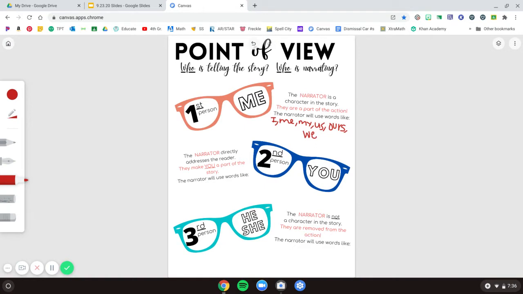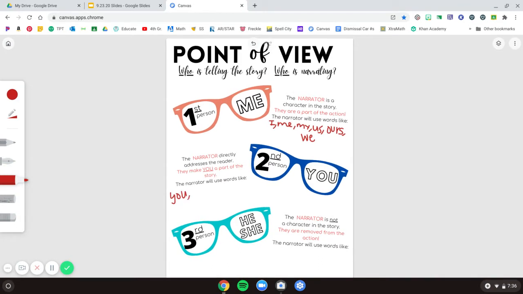It can also be second person, like you. The narrator's directly addressing the reader. They make you a part of the story. The narrator uses words like you, yours, or your.